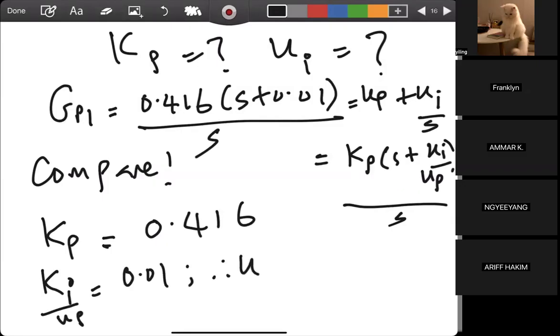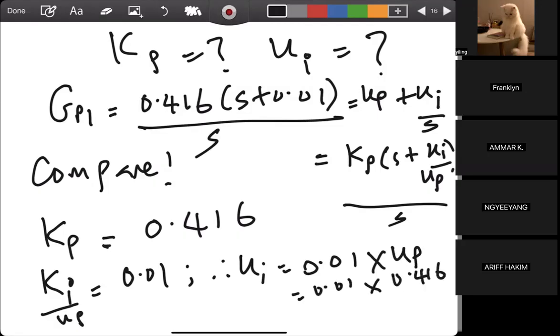That's why Ki is equal to 0.01 multiplied by Kp, which is 0.416, which is 0.0416 multiplied by 10 to the power of minus 3. So that's how we calculate the Ki value. Okay, guys?